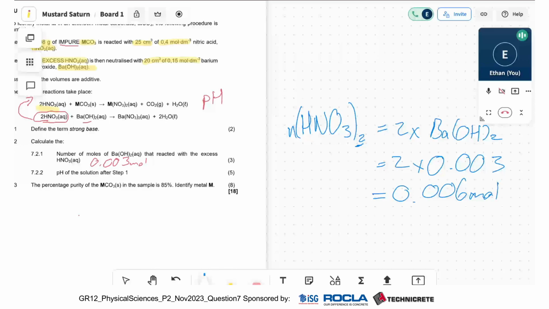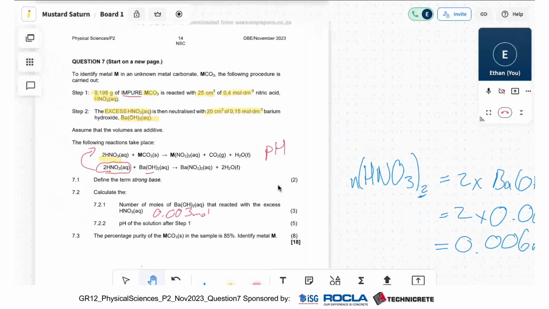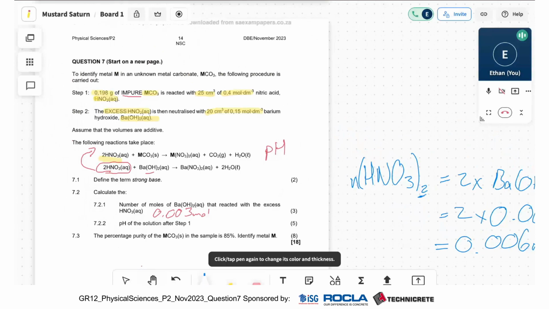Now that we have this, we know the volume and concentration of the nitric acid. So let's try and figure out how many moles of nitric acid there were initially. There's a few ways you could do this. I'm choosing to first calculate how many moles of nitric acid there were in the beginning, before any reactions.